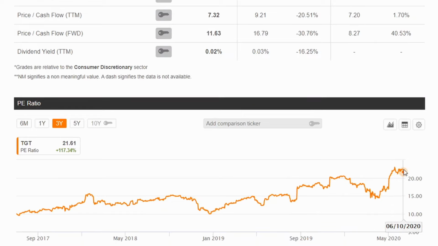It looks like maybe Target's a little overvalued, because normally it's jumping around 15 and 10. Right now it's in the low 20s, close to an all-time high for its PE ratio. So Target might be a little overvalued, and you might not want to invest in it yet. Maybe wait for its PE ratio to come back down.